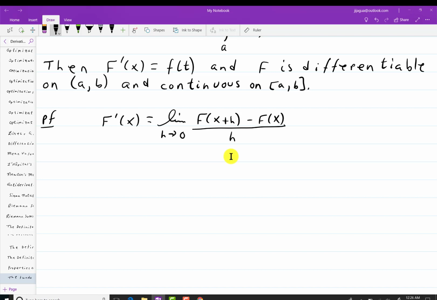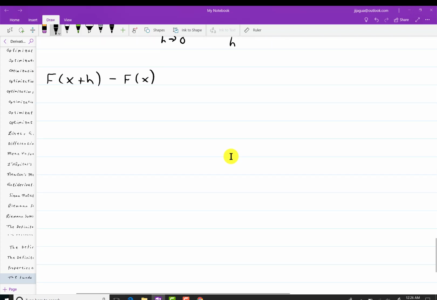So I'm going to work that formula if I can. First thing I want to do is look at F of x plus h minus F of x. Let's take a look at that thing.